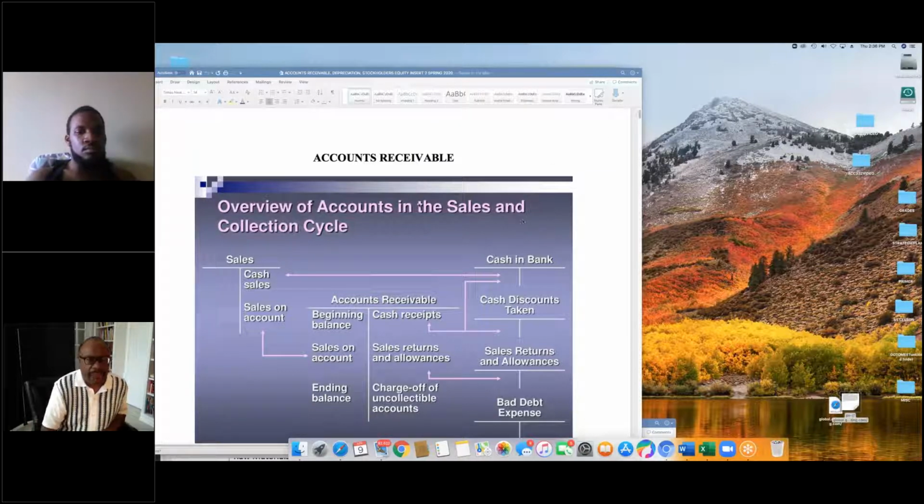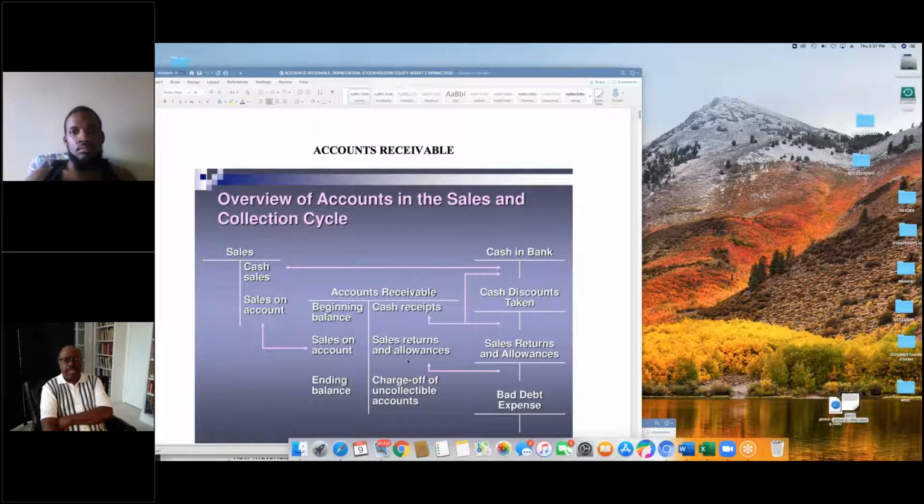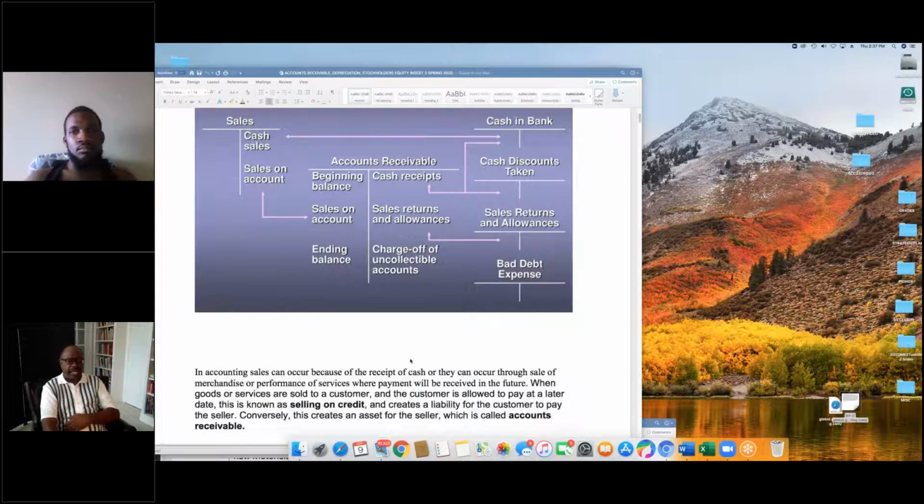In the accounts receivable cycle, sales are made on account. Sales on account are fine, but they have to be collected. There can be returns, and people may not pay. So a number of things can happen on sales on account, and you should be familiar with the cycle.